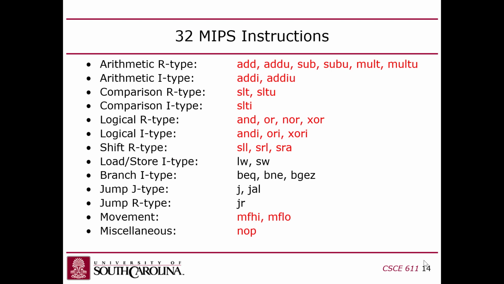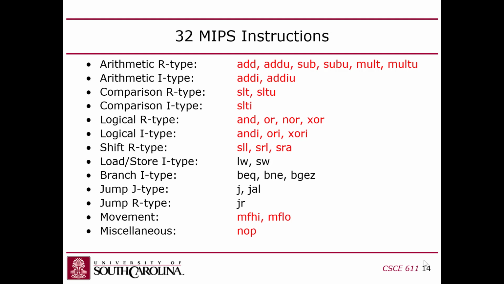So in this class, we are going to build a CPU that will execute all the instructions on this list. I forget how many there are, 30 or so instructions. I think I mentioned last time that these instructions are the most commonly generated instructions from compilers.